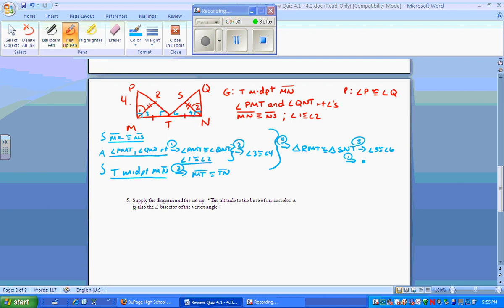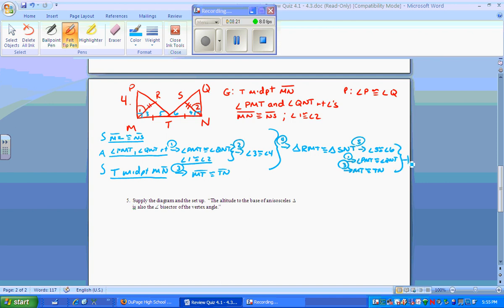Reuse reason 1. Angle PMT congruent to angle QNT. And rewrite from the midpoint, which is reason 3, MT congruent to TN.